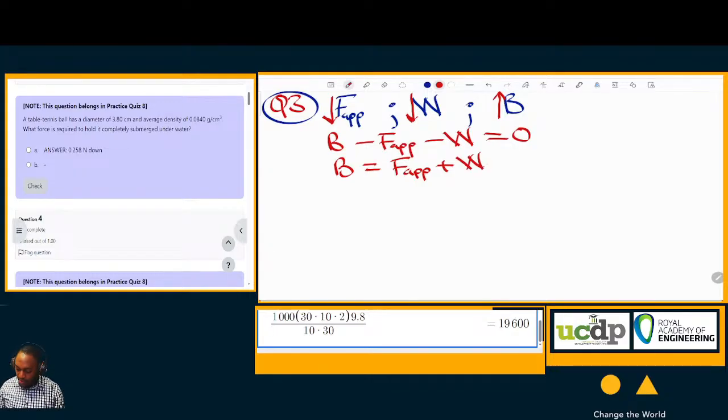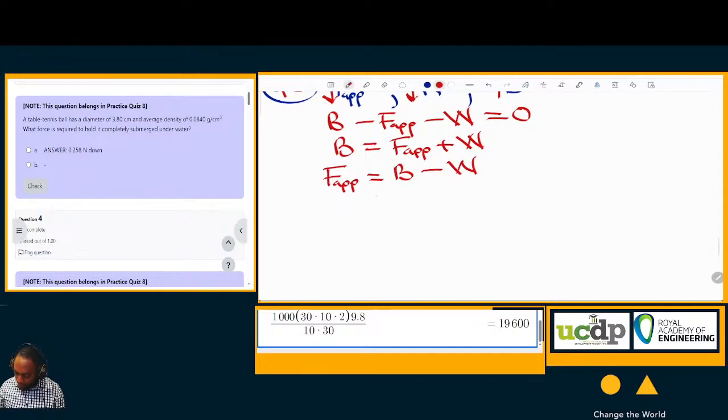But what do we need? We need to determine the applied force. So the force applied should be equal to the buoyancy minus the weight. Now, what is our buoyancy?